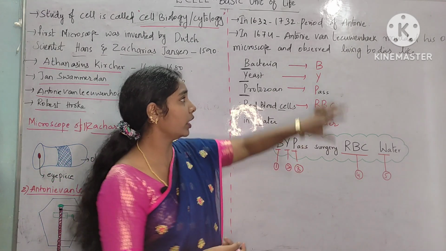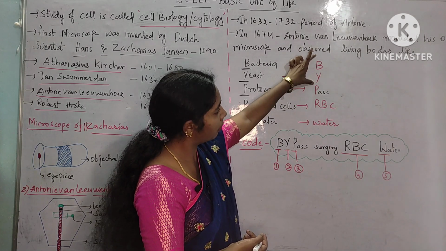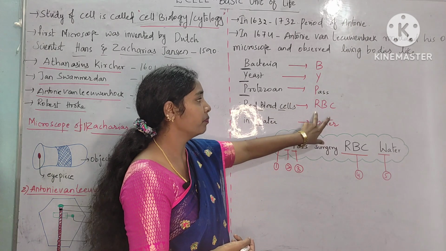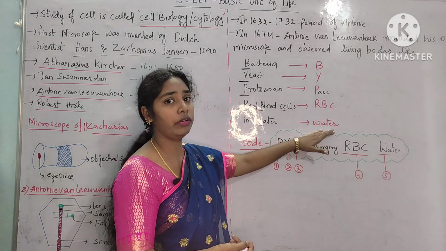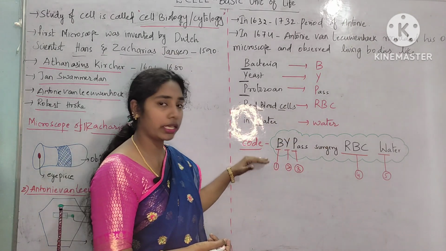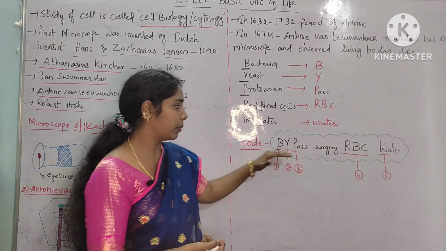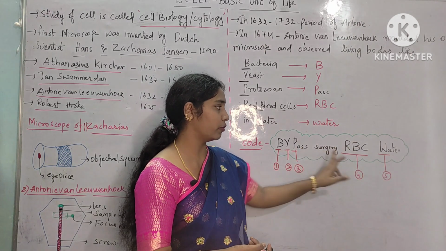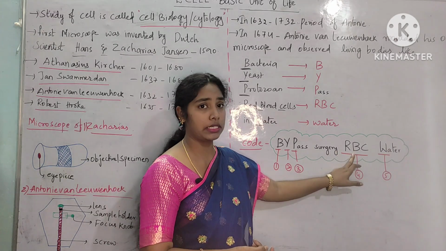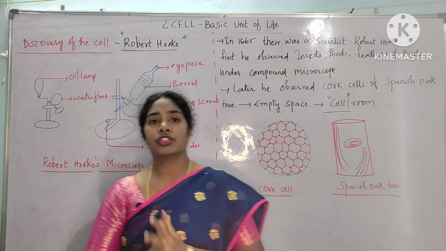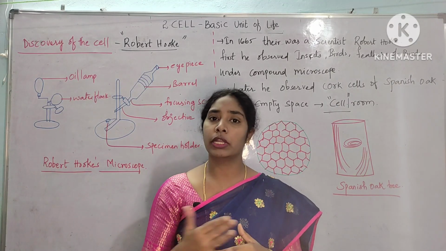BY means bacteria and yeast, PASS is protozoan, RBC, and water where he observed. So the code is bypass surgery, RBC and water. When we perform bypass surgery, RBC, blood comes out, and what does that blood contain? It contains water. So, children, that is all about Antonie van Leeuwenhoek.